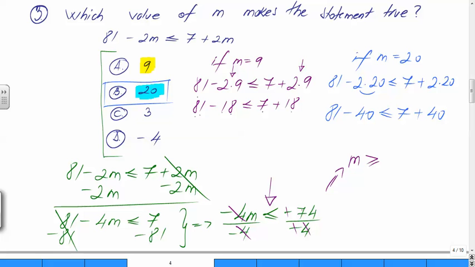If you want, you can simplify by 2, right? 4 divided by 2 is 2. 74 divided by 2 will be what? 37. 37 divided by 2 will give you 18.5. Okay? So for any m greater than or equal to 18.5, that inequality will be true. Well, obviously we have only 20 that's greater than that, and this is the way in which you solve it by the inequality solving method.